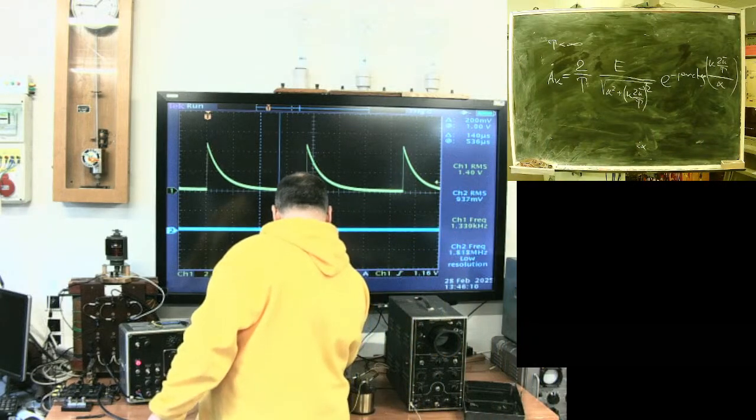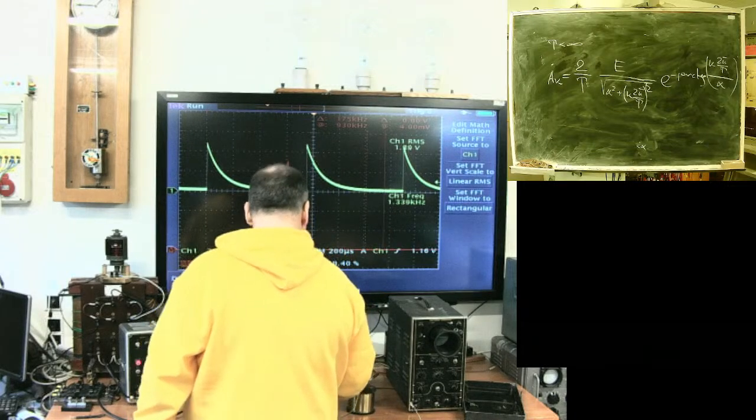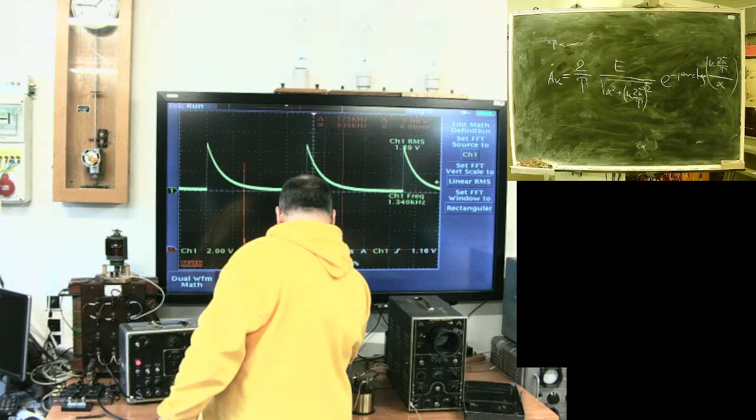Push the button. You go here. And I will get a red line here.